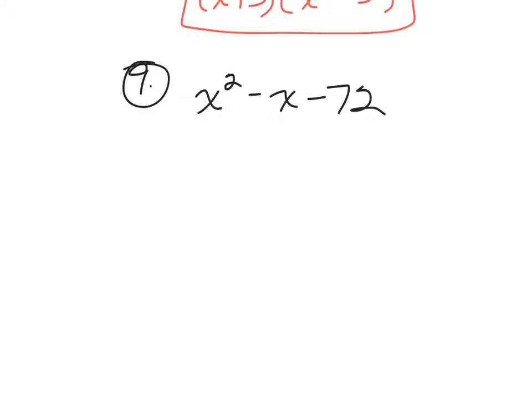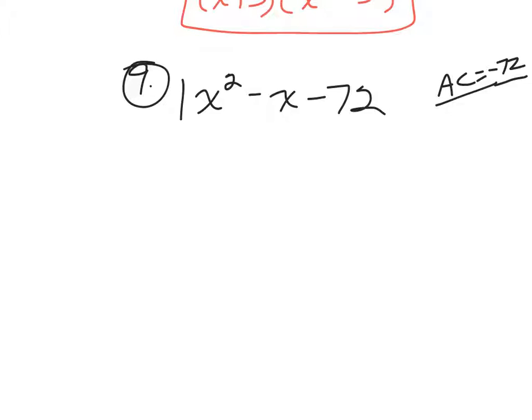It's got 3. We'll do the AC method, but here we can use the shortcut because there's a 1 on the squared term. If there's not a 1 on the squared term, then there's no shortcut. But here there is, so we're golden. So 1 times negative 72 is negative 72.